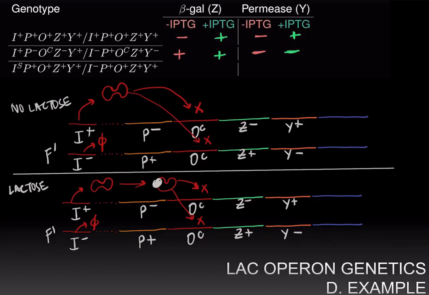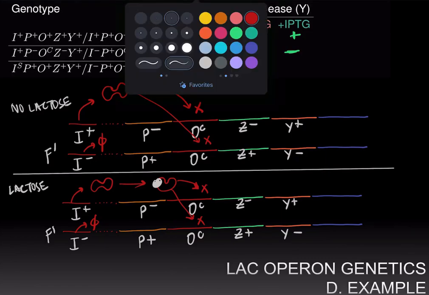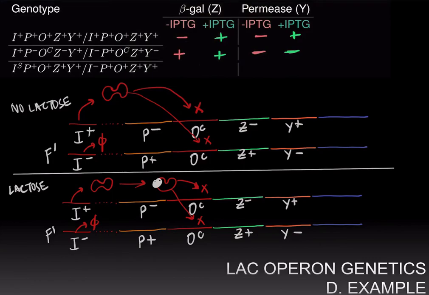And normally that leads to constitutive expression. However, we have a mutant promoter, P minus, on one of the molecules, the chromosome, and therefore we don't have any polymerase on the promoter on the bacterial chromosome, whereas we do have elongating polymerase that binds to the other wild type promoter.